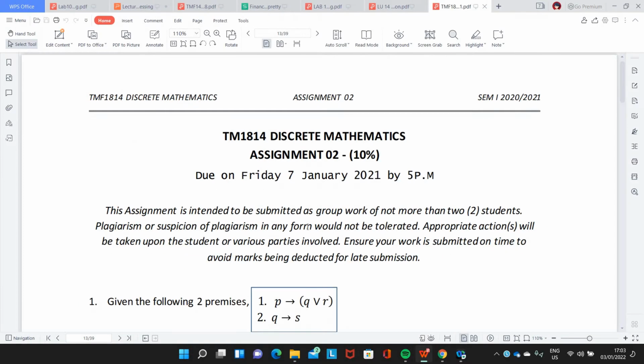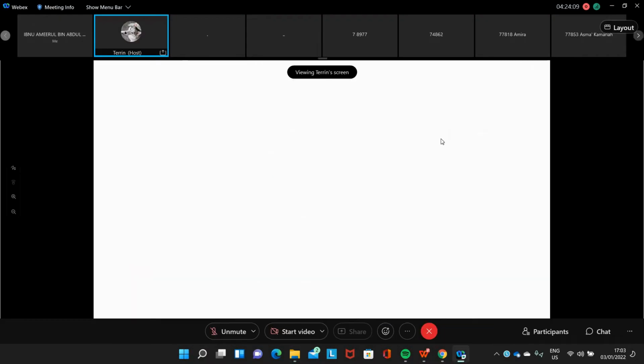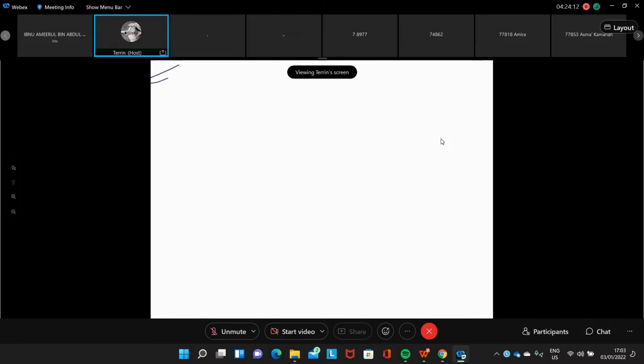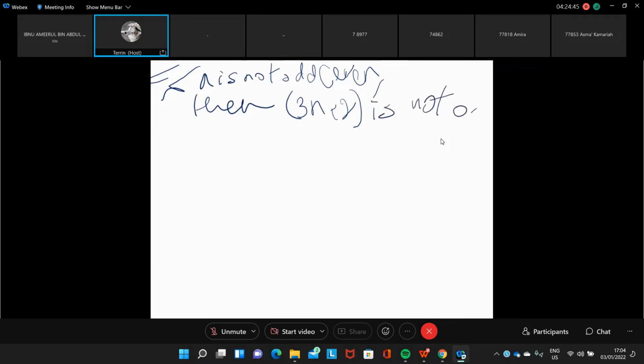So in the indirect proof, we're trying a proof by contradiction, and the assumption now is that, so now I'm going to assume that n is not odd, which means it's even, then 3n plus 2 is not odd as well, because it's a negation of Q implies negation of P. So this is also a case of even.